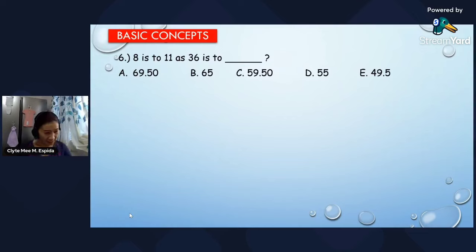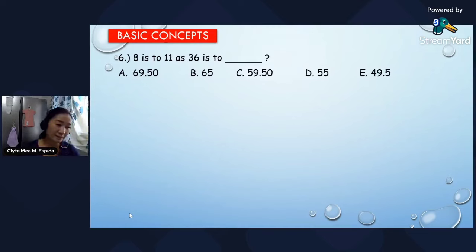Feel ko confident talaga si Sir Jason sa sagot niya na letter E. Rex E. Liza E. Rolando D. Okay. Membri E.